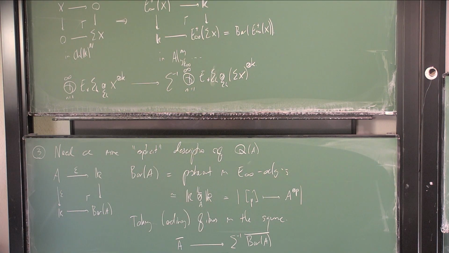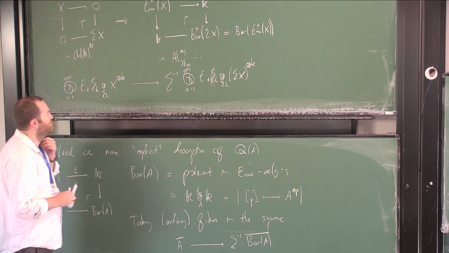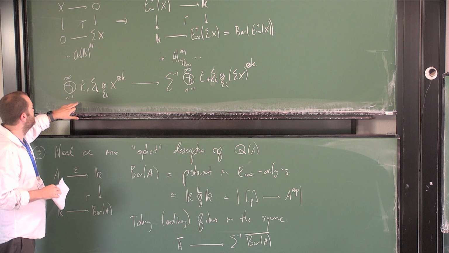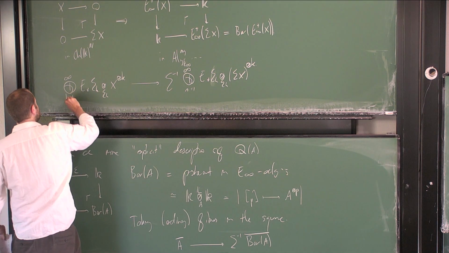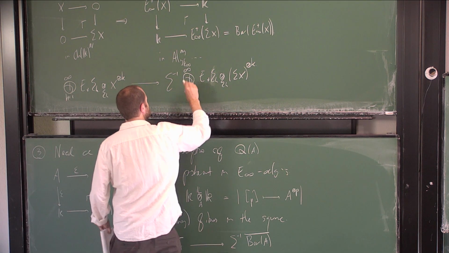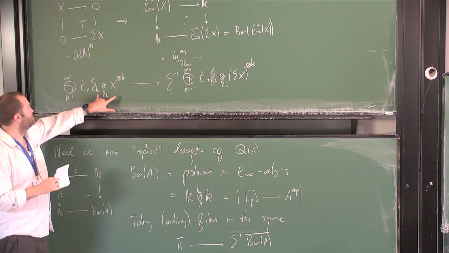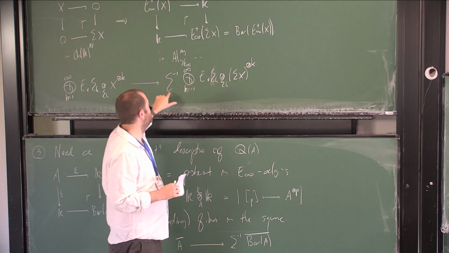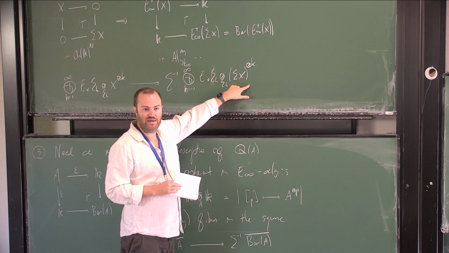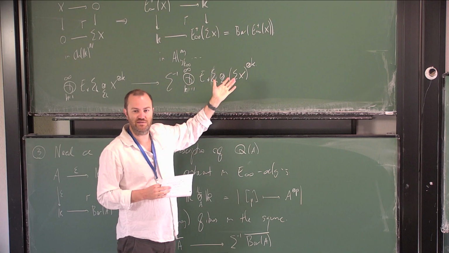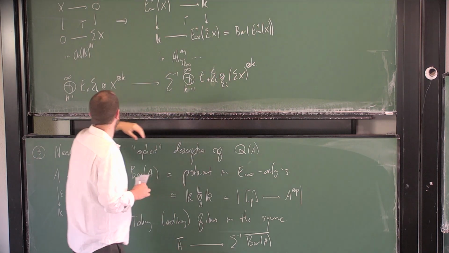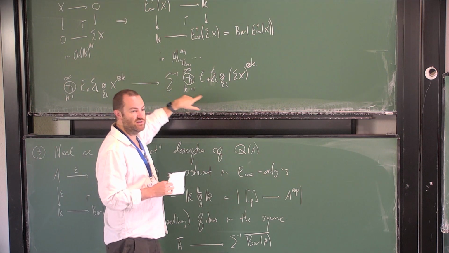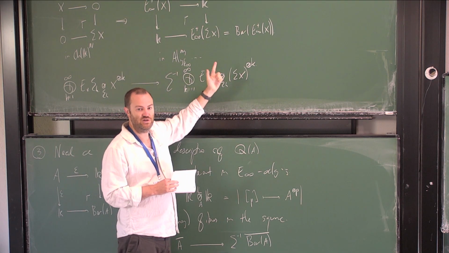Okay? And I won't try to do it rigorously, but I'll tell you something that's incredibly plausible, which is n has become k. The k equals 1 component here is just x, and the k equals 1 component here is the D suspension of the suspension of x, aka x, and I claim on that component it's just the identity map. Okay, plausible? The k equals 2 component here is x squared, and here is the D suspension of the double suspension of x squared, so it's the suspension of x squared.